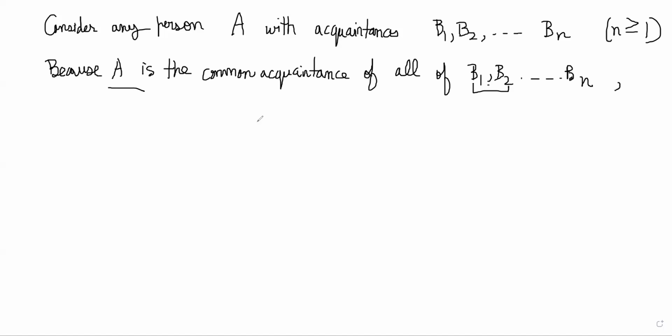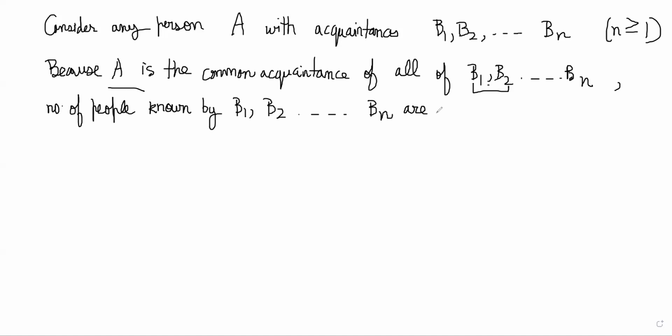So we say that the number of people known by B1, B2 till Bn are different from each other.